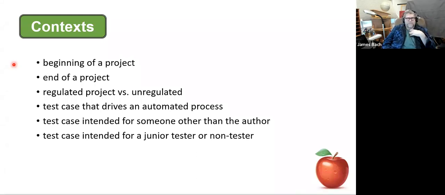I don't ask myself, do I really know what I'm doing? I know that I know what I'm doing. So I am going to be assertive. I'm going to be pushy about my testing. I'm going to take responsibility for it. I will take control of it, and I'm not going to let anyone else control it if I have the responsibility for it. But junior testers, you can't say the same thing.